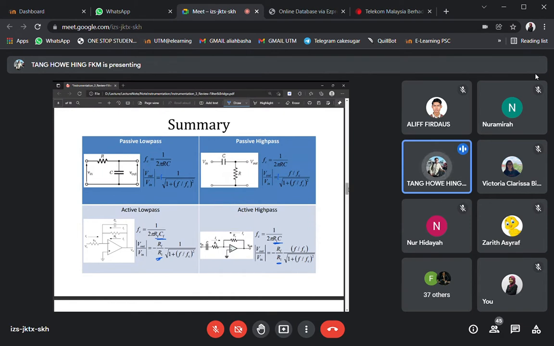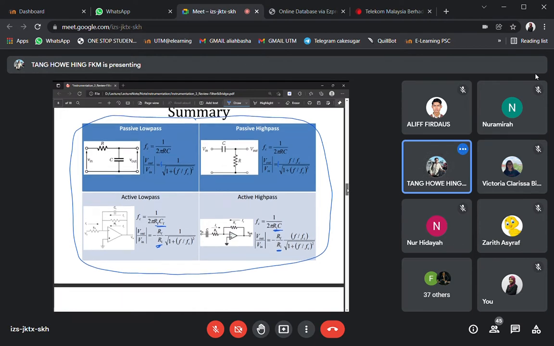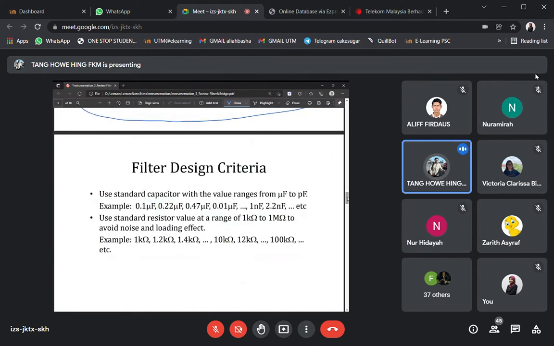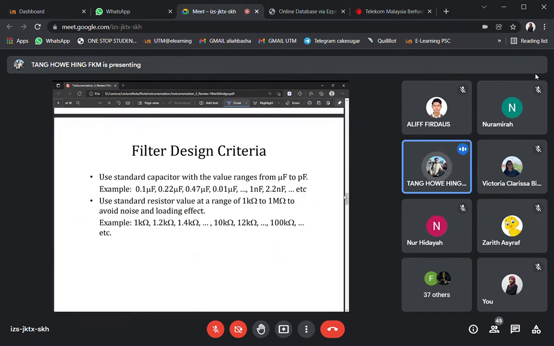This summary is the most important thing when you want to design the filters, so save this and memorize it, and it will be very handy.